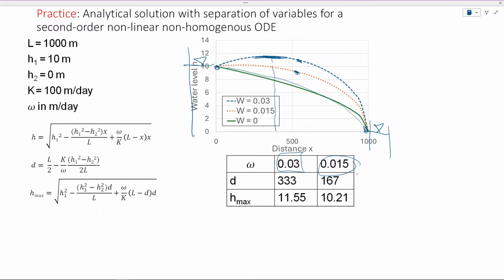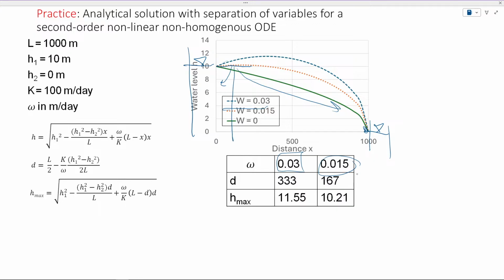Head here would be higher, so you will have flow from here to here, and then another flow from here to here. If you have a smaller recharge, the groundwater divide will be here, and some flow will go here, and some flow will go here.